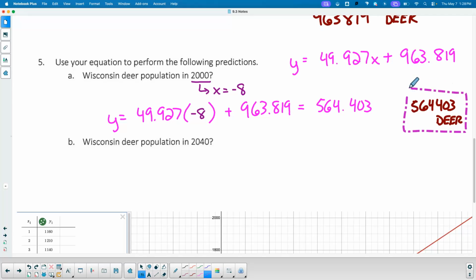What's my X value going to be for the year 2040? So now I'm going to plug in 32 into my equation, right?